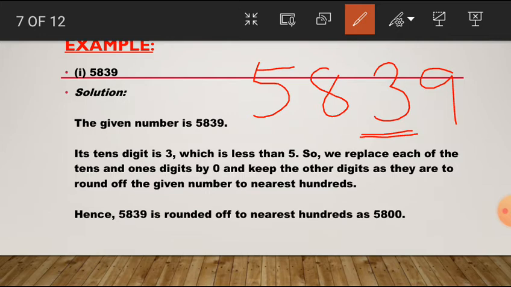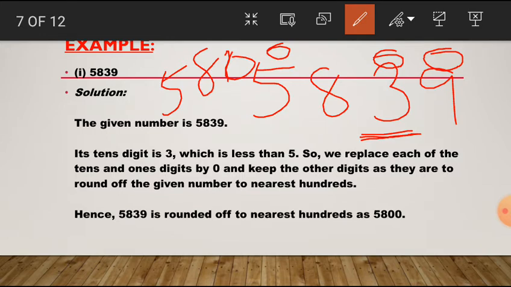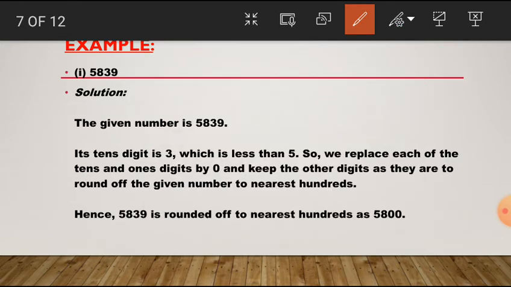Here the tens place digit is 3, that means it is less than 5. So no need to think more. You just replace that digit and the ones digit by 0. Then you will get the answer as 5800, that is 5800. Got it children? So what is the answer? 5800 will be the answer. Got it?